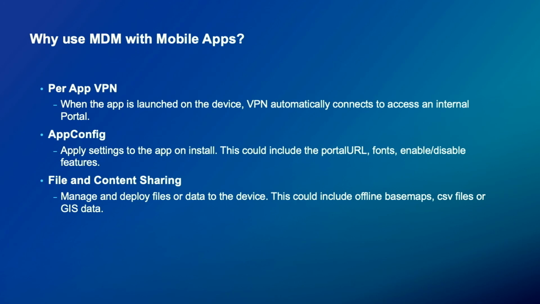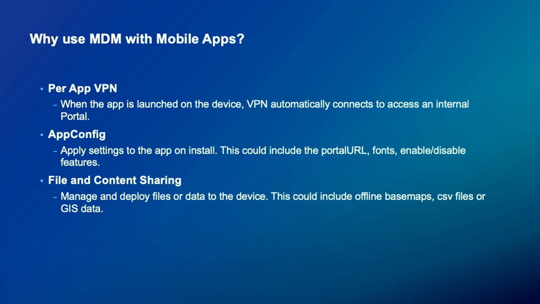a mobile app that actually can participate in the MDM falls into one of these three categories. They will either require you to have a per app VPN, okay? These are very specific terminologies. You might not even understand what it does, but it doesn't matter. They want you to say that it is supported, right? It's per app VPN.